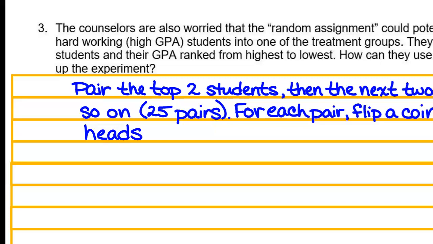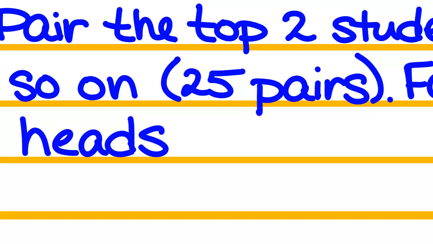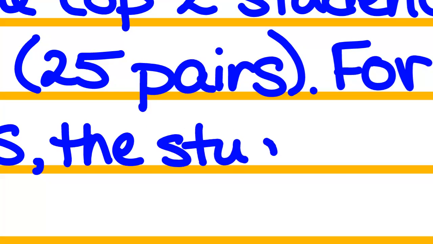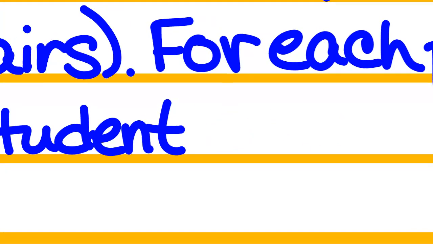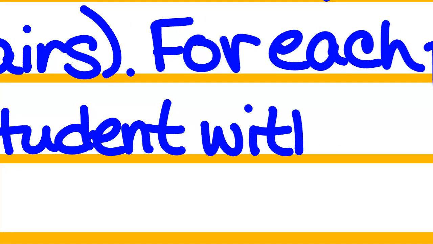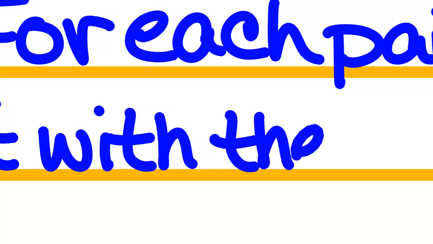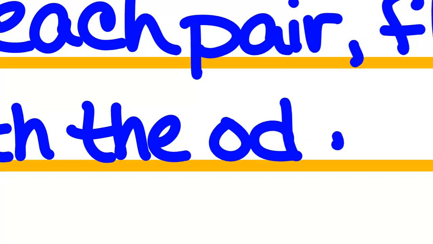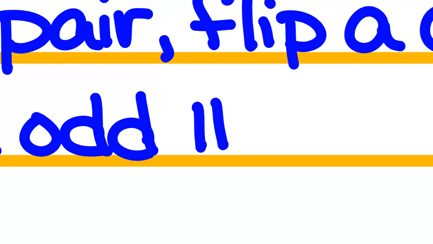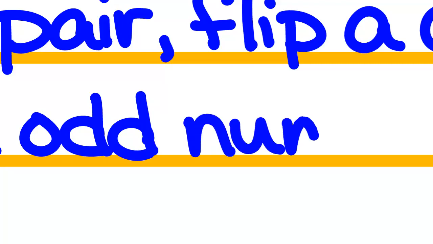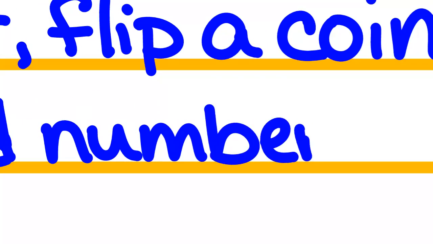Ooh, I like that. Since we have a ranked list, we could say the student who is an odd number in the ranking gets assigned, or we could go with even. That's fine. But again, we're just looking at the 1 pair. If it lands on heads, the student with the odd number ranking, we'll do what?